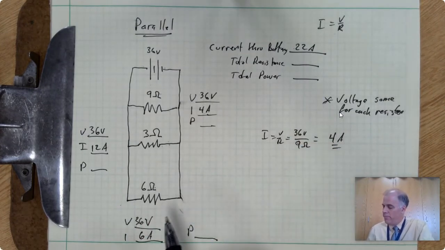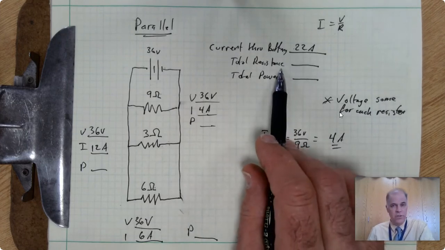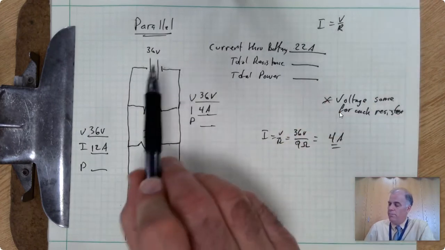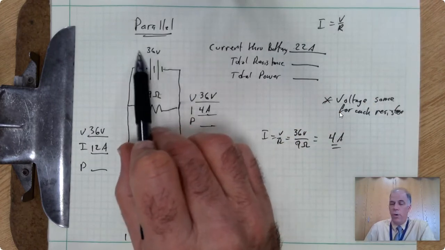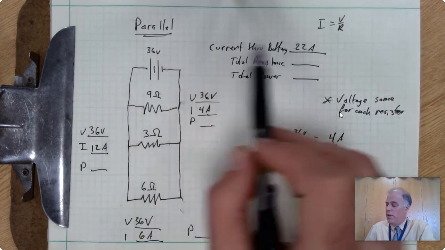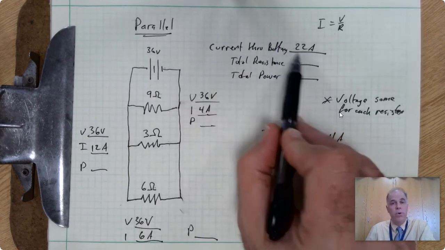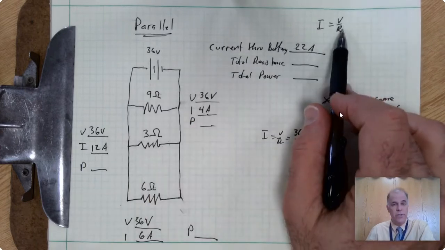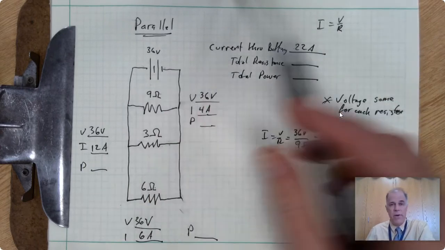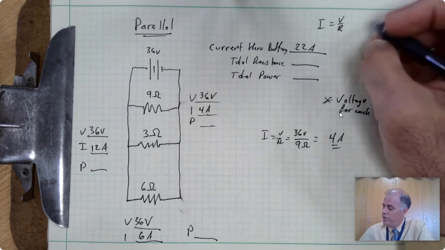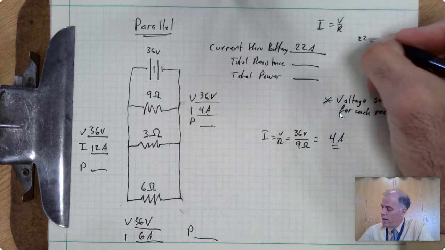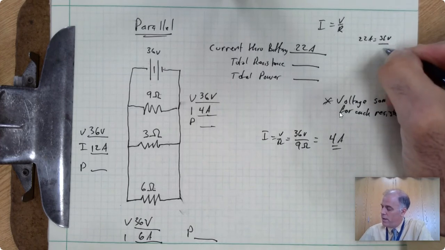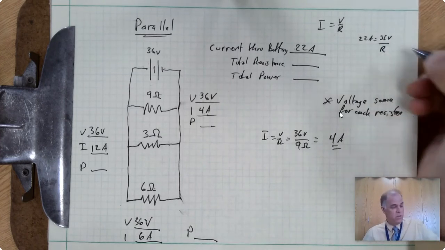Now, for the total resistance, we again use Ohm's law because now we know the voltage of the battery and we know how much current it's able to push. And the relationship between these two will reveal the resistance that the battery is encountering. In this case, this is going to be 22 amps is equal to 36 volts divided by the total resistance.